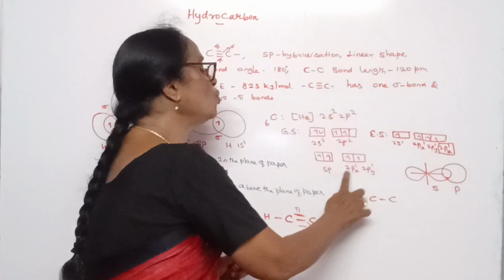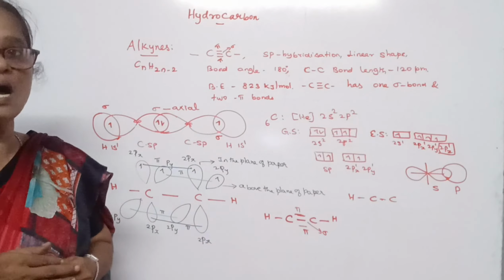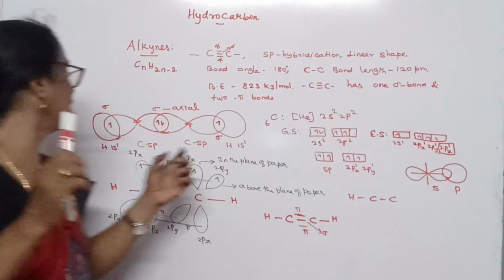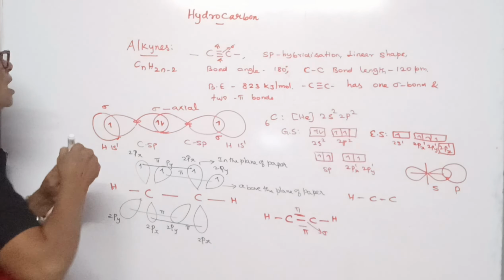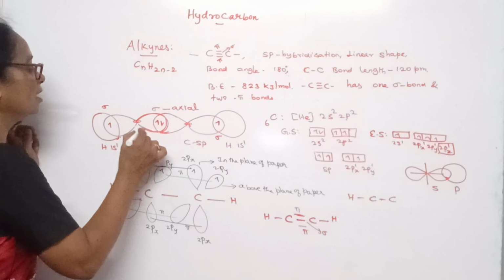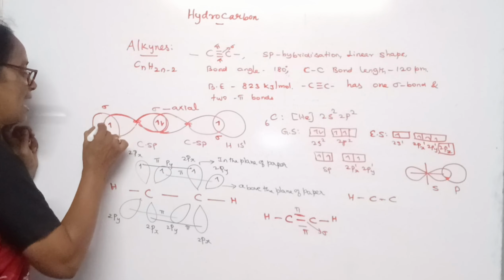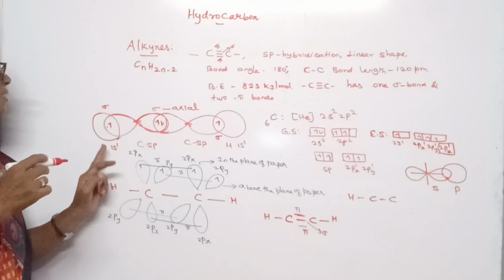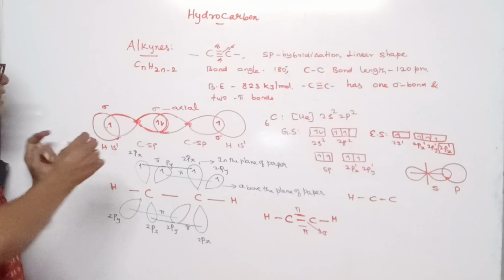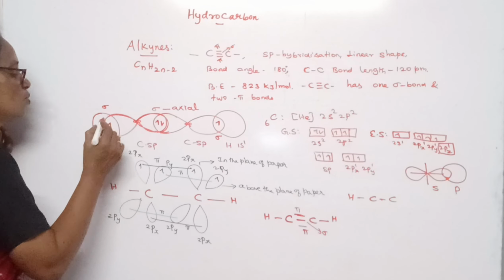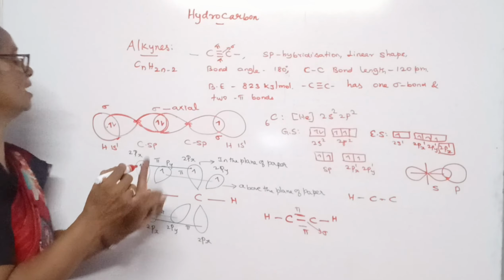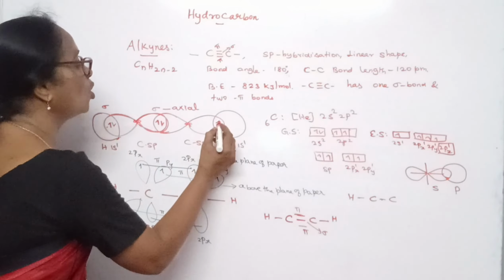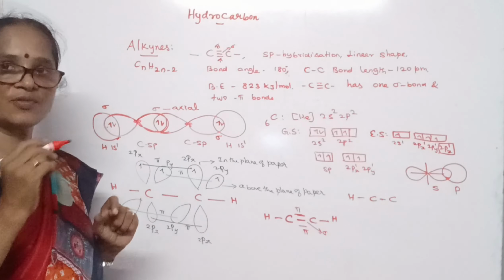And it has 2 more electrons in its 2px and 2py orbitals. Let us see the sp hybrid orbitals. The carbon has one sp orbital with one electron and the other sp orbital with one electron. The electron of one sp orbital overlaps with the 1s1 orbital of hydrogen. Similarly, the second carbon has 1 electron in its sp orbital that overlaps with the 1s1 orbital of hydrogen.